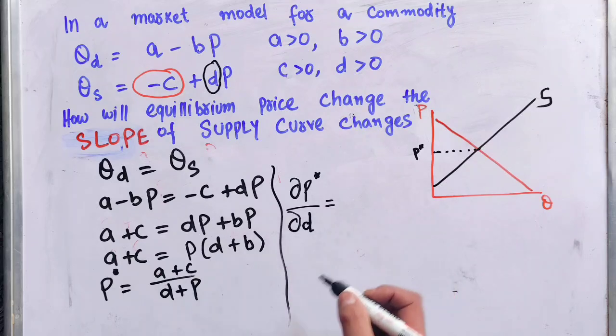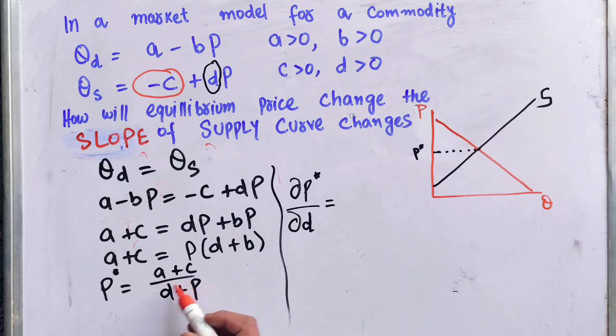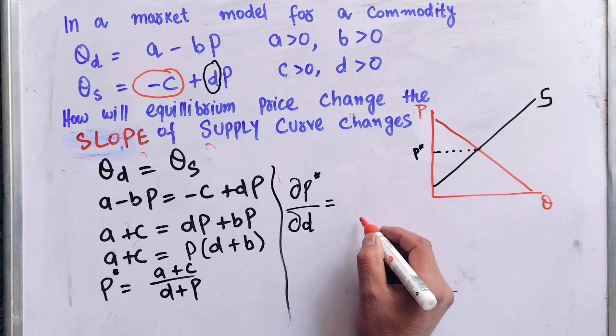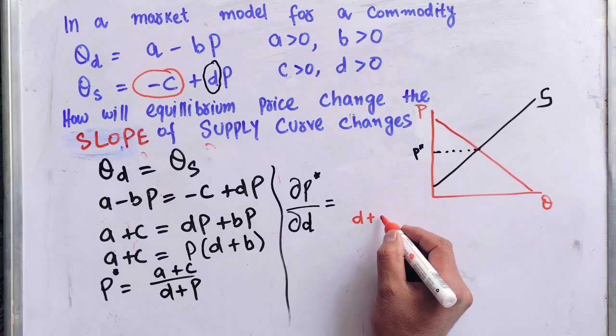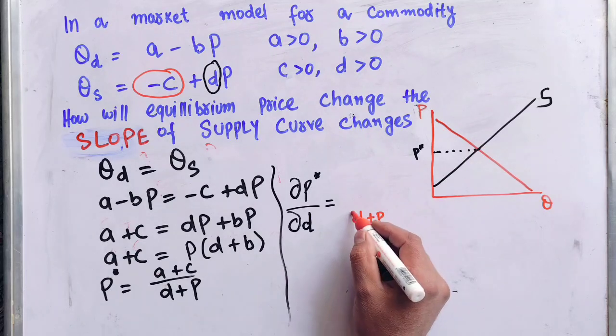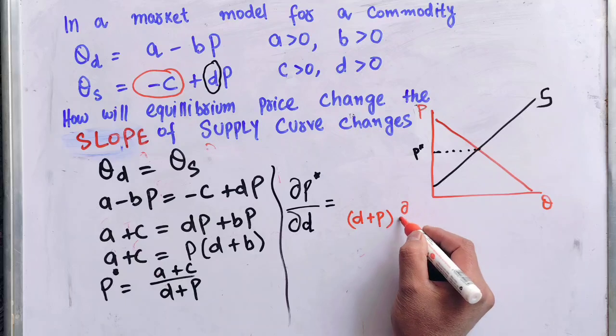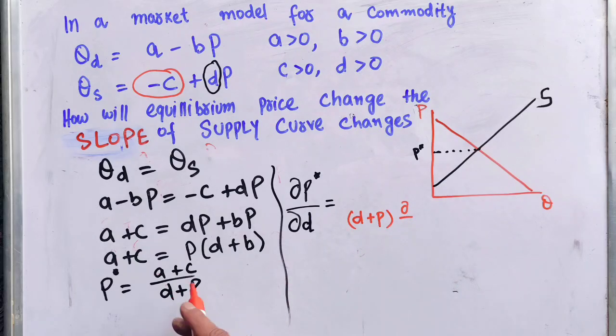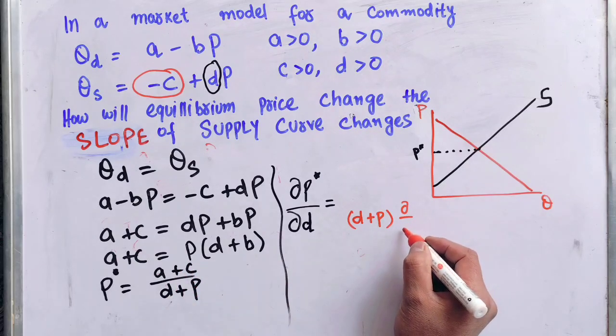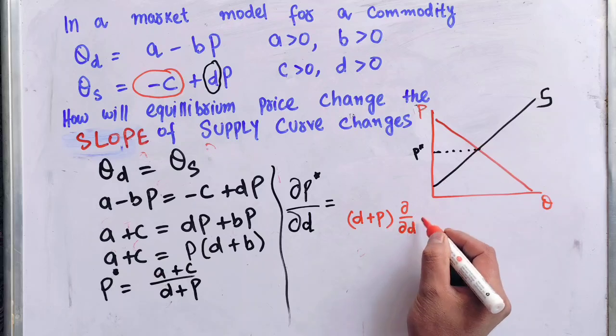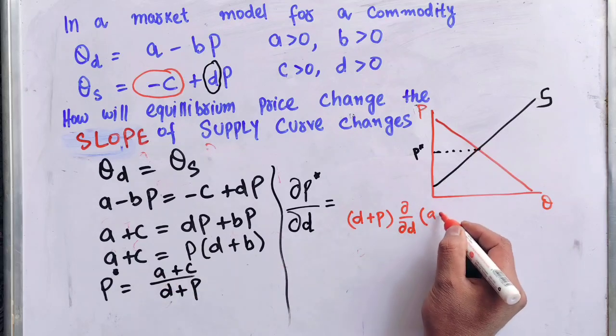Okay, that means we partially differentiate this function with respect to d. Here we use the quotient rule. That is, first we write the denominator function, d plus p, then we take d upon dd, because d denotes the slope, of the numerator function a plus c.